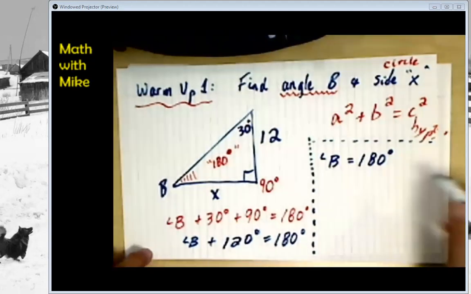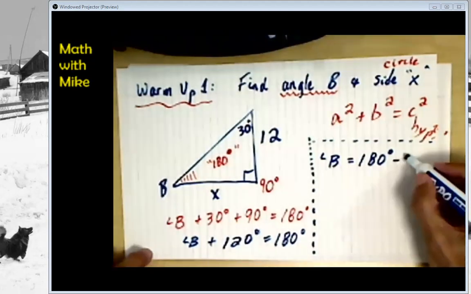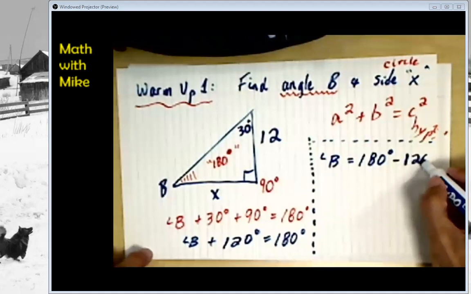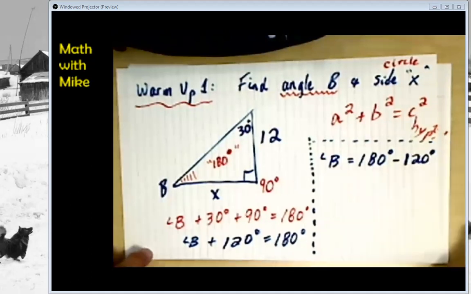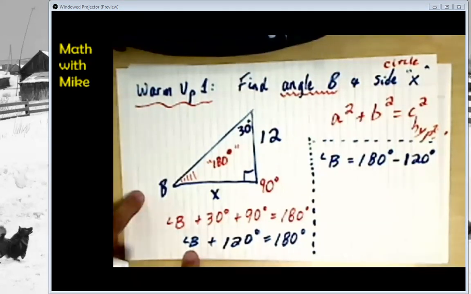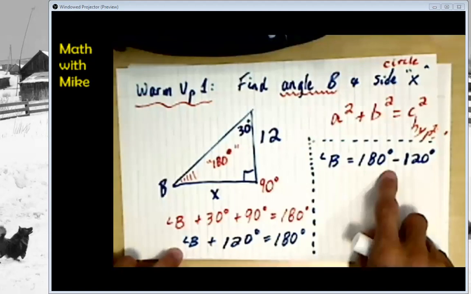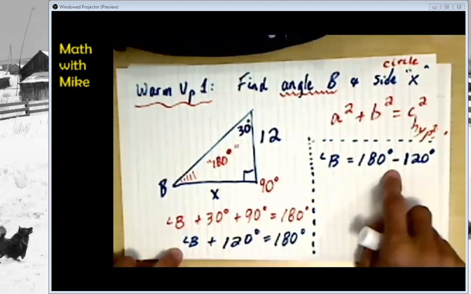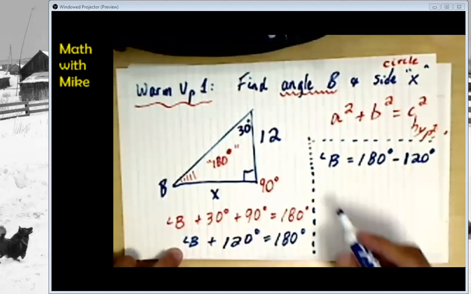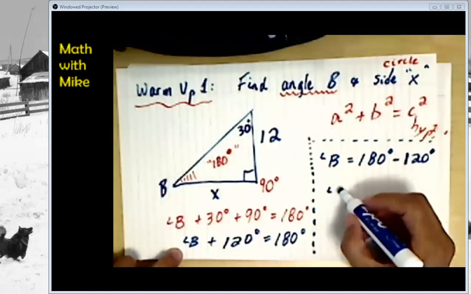Minus 120 for sure. For sure. We're looking for angle B. That's what the question is. So we got to get that by itself. Okay. And yeah, it's plus on this side, minus on that side. Final answer then. What do we get for angle B? Our first question.